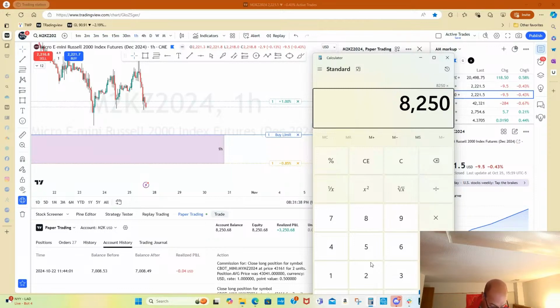82.50 times 2% would give me, let's see, I'm trying to come up with a factor. I'm just gonna say $200 is gonna be my minimum on any trade. I still gotta put the trade in. You allow me to do something like that with two contracts.